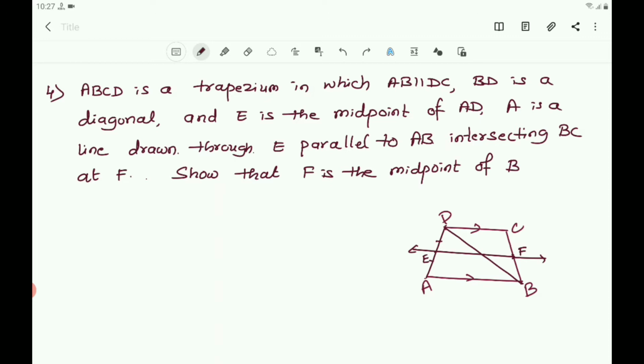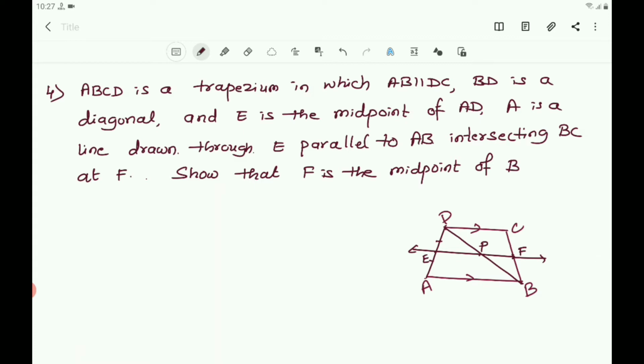So here EF is parallel to AB and E is a midpoint of AD. And what we have to prove here? We have to prove that F is a midpoint of BC. Now let us consider the point of intersection of EF and DB, that is the point P. Let P be the point of intersection of EF and BD.